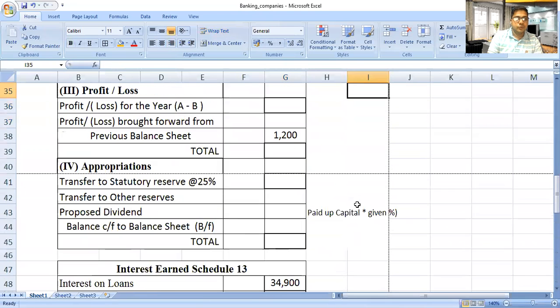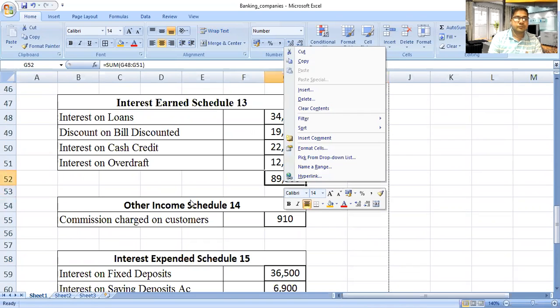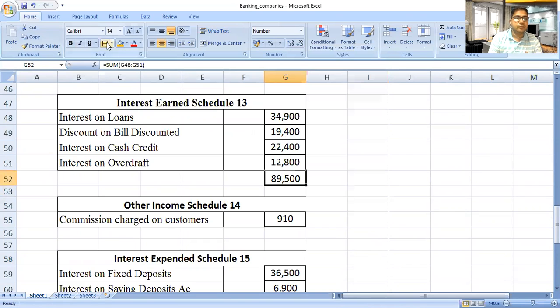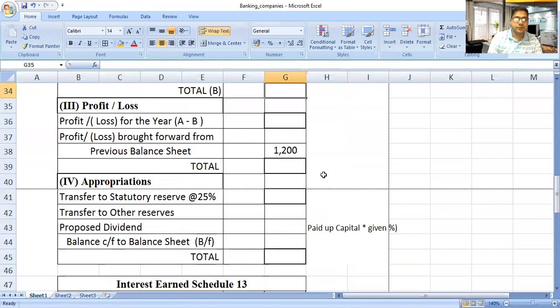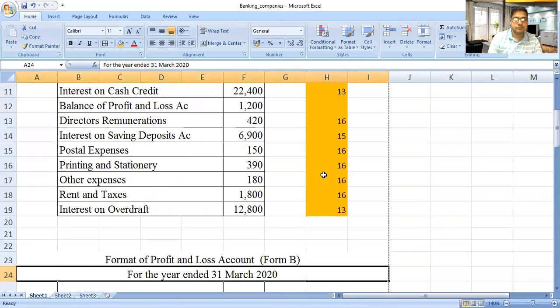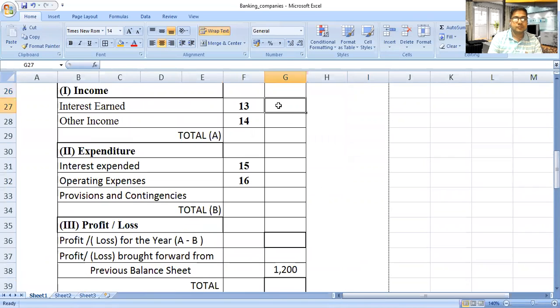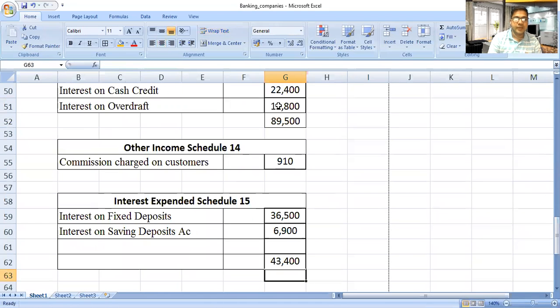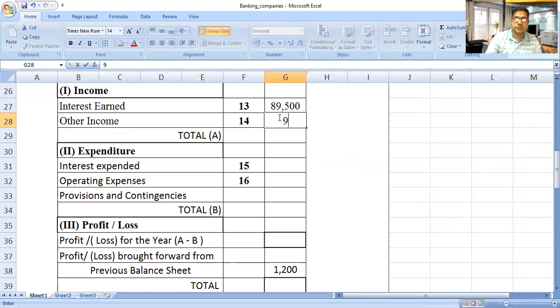Now, whatever total is there, we have to keep in our format. First, schedule number 13, and the total is 89,500. That we have to keep in our format. Other income, schedule number 14, 910.